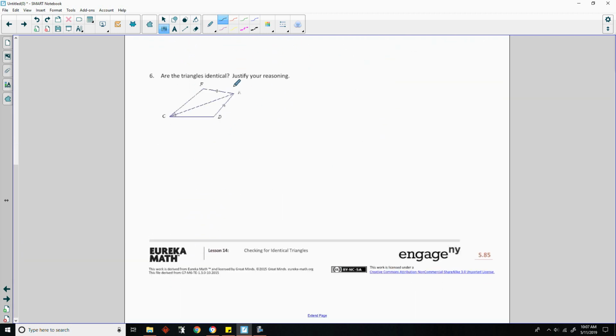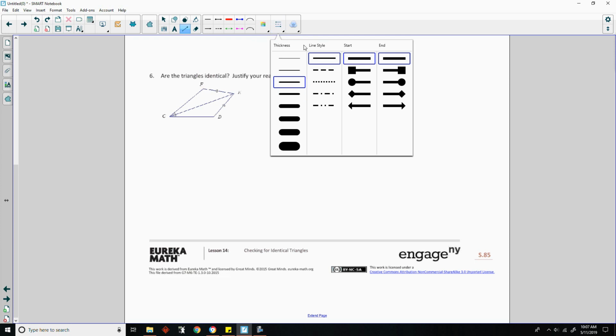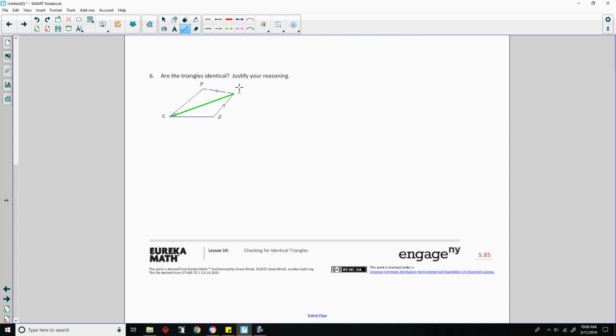All right, number 6. Are the triangles identical? Justify your reasoning. Well, before I get started, I am going to label that there is an identical shared side right here. So it's congruent to itself.